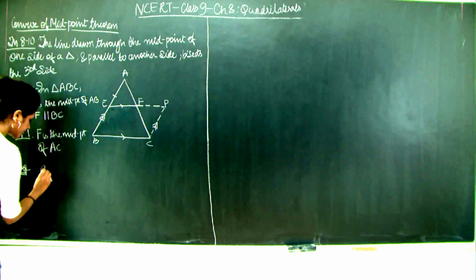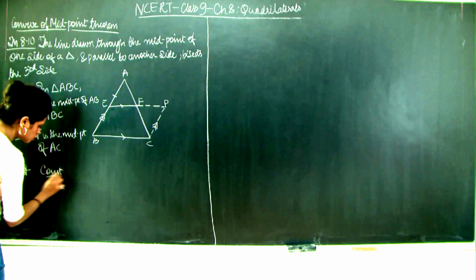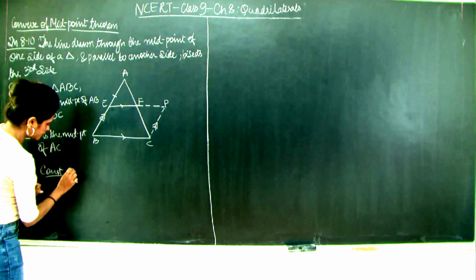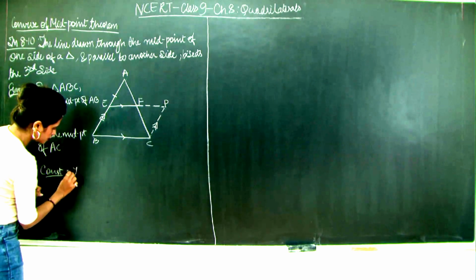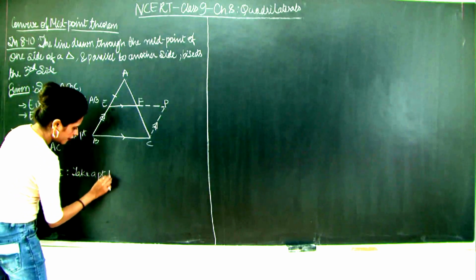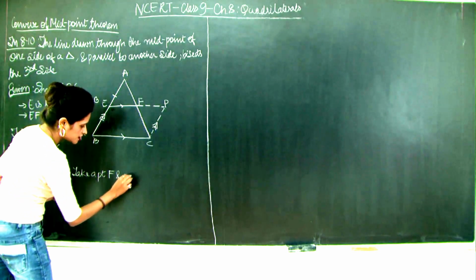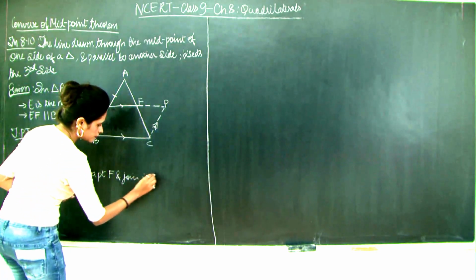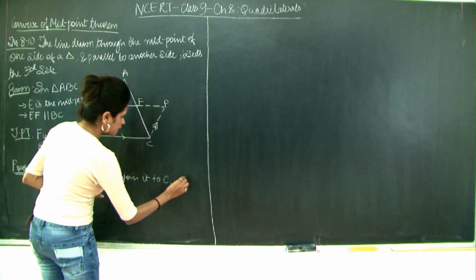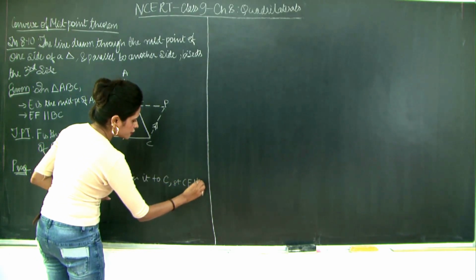First, I will write my construction. CONST is nothing but construction. Take a point P and join it to C such that CP is parallel to BA.